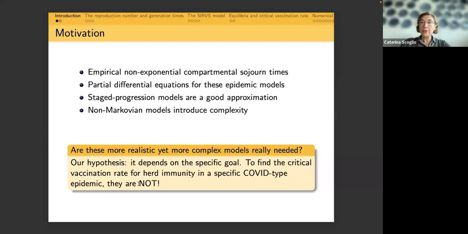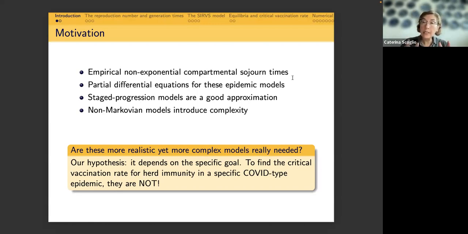The motivation for this work is mostly one motivation, which says that the empirical compartmental sojourn times, based on measurement, are often shown to be non-exponential.